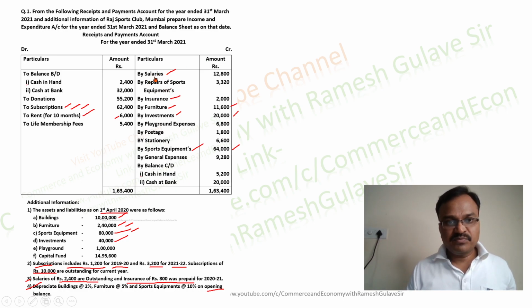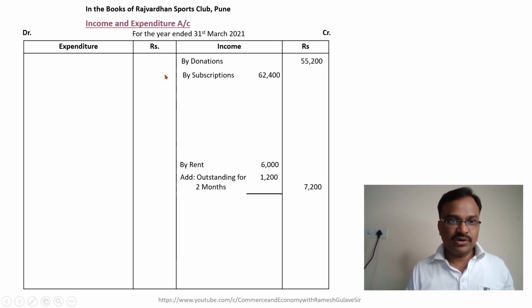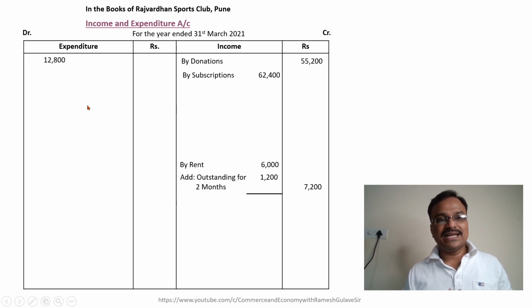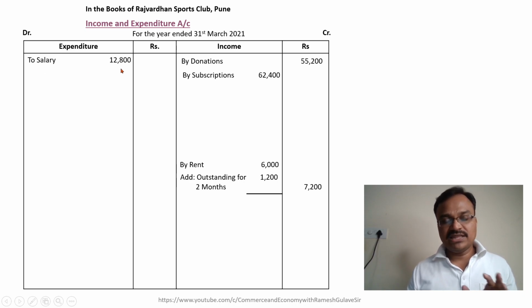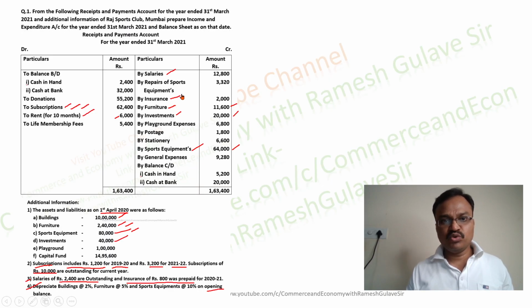On the credit side, the first point is salaries 12,800. We have marked it here because there is an adjustment on salary. So we are going to record the amount of salaries in the inner column. Here on the debit side of the income and expenditure account, to salary 12,800, right? Let us move on to the next point.